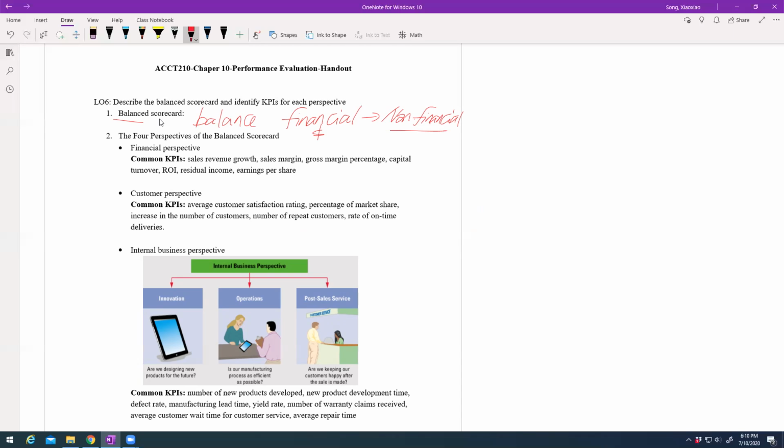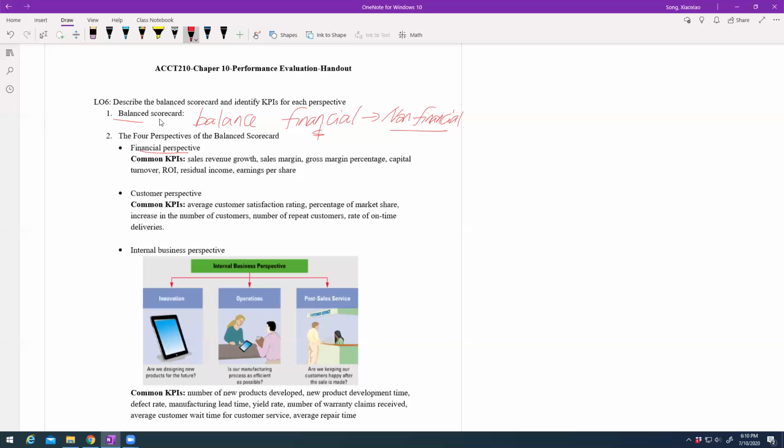You have four perspectives. You have to know the names of these four perspectives, and then the common KPIs, the key performance indicators. The first perspective is the financial perspective. No matter if you are the manager or the CEO, everybody wants good revenue and good operating income. For the students, you want to get good points.